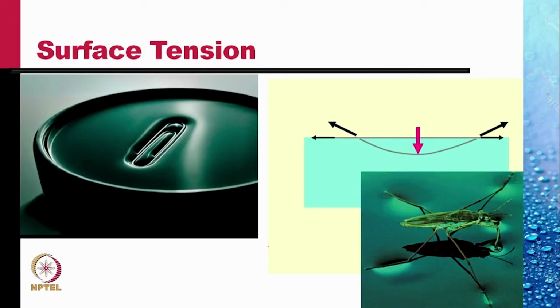Similarly, you notice in detail that at each leg of the water strider, there's a cup-like formation of the water surface. The surface is curved and the tension on the surface is now providing an upward force to each leg.